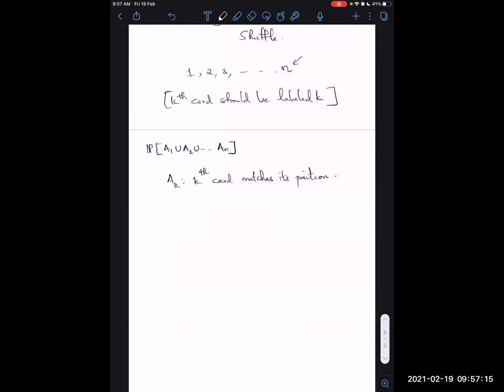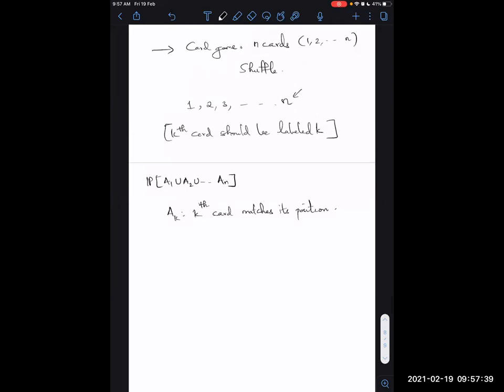So when you pick up this kth card, it should turn out that the number written on it is k. So let's call that the event Ak. And the probability that we have to calculate is for the event that at least one such event happens, A1 through An happens. That's the question.